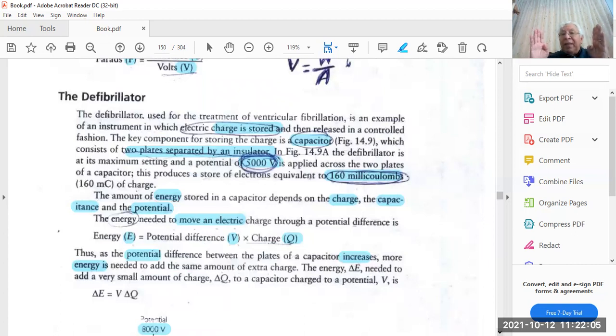Whenever I apply 3000 volt across this capacitor, it collects 160 millicoulomb, so that the energy of collection equals potential V times Q. This is how I can figure out the energy required to collect this amount of charge whenever the volt difference is 3000.